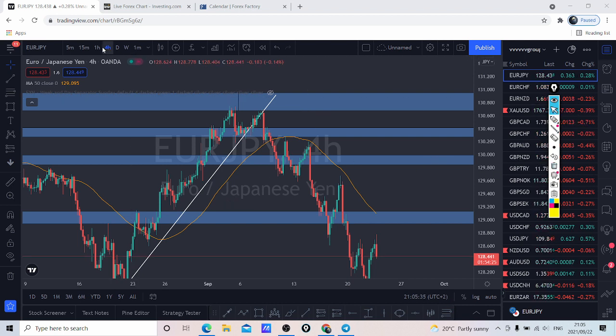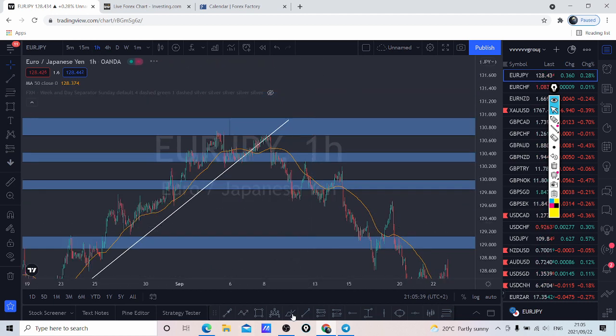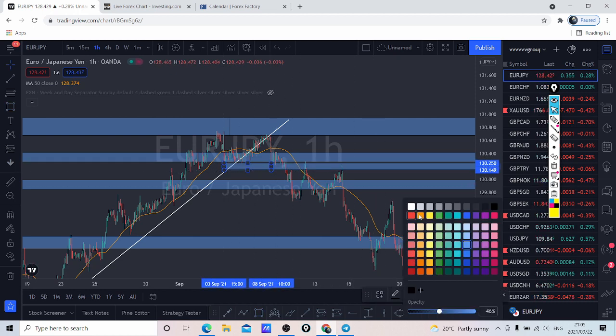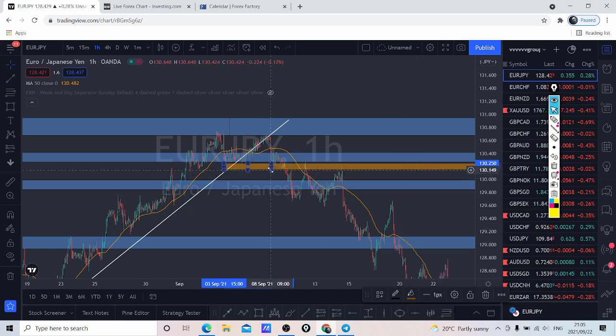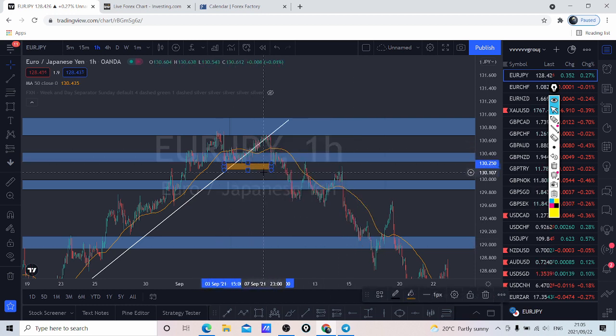Then now we need to come to the H1. On the H1, we mark the smaller time frame support and resistance, and we are going to change the color to orange, and we are going to mark this thing like this. So that was the previous structure.